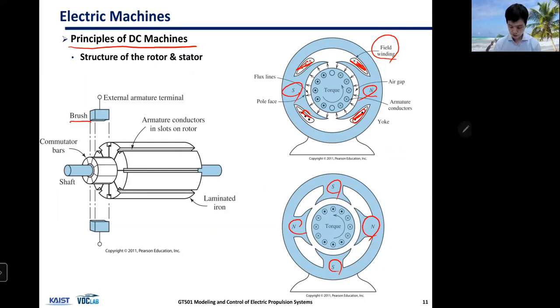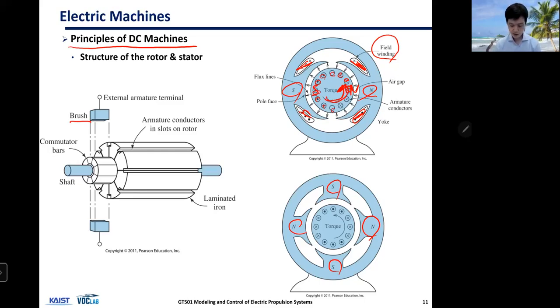What we need to do to generate torque within the rotor is that we have these windings, and you flow current through these windings, and you're going to also generate a field within the rotor. If you generate a field that's north here and south here, then they're going to repel, right? So they're going to push, and then it's going to generate torque.